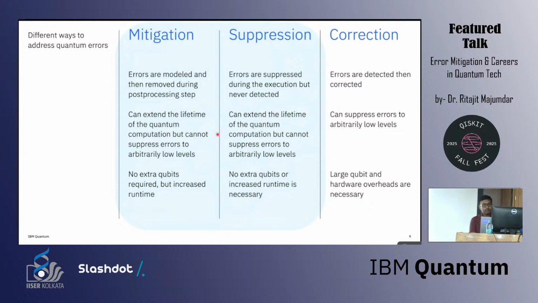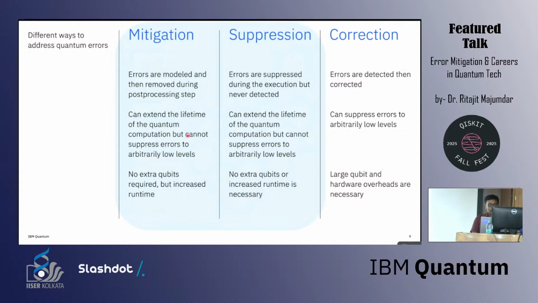So in mitigation, the errors are modeled and then removed as a post-processing step. It can extend the lifetime of the computation, though not to the level that error correction can. It will be able to, but it will start requiring exponential resources, and at some point you will find that error correction is cheaper than error mitigation as the circuit grows bigger and bigger.